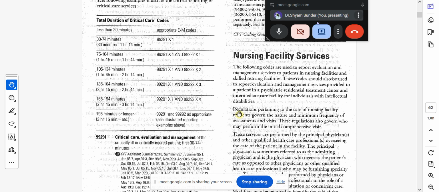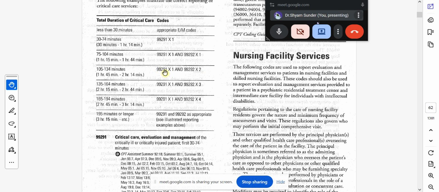How do you code? 99291 times 1 and 99292 times 2. That's how it is: 99291, 1 unit, and 99292, 2 units. The times means units.